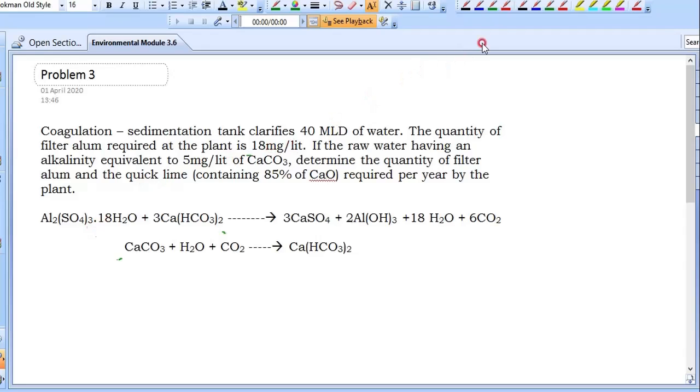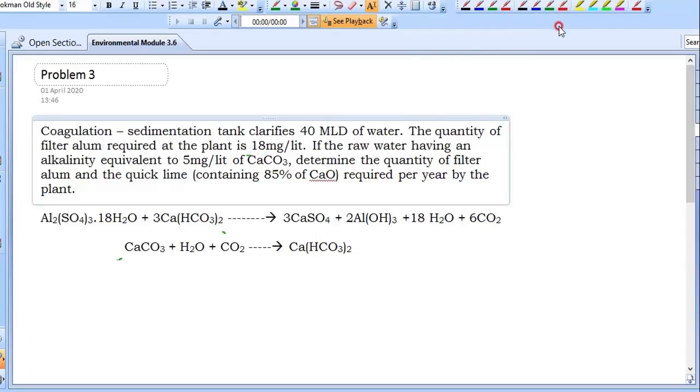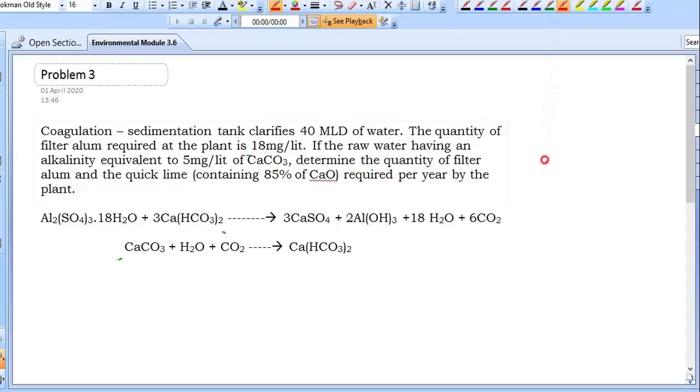Here something it's like this. They have given the data like this is the water, and in this water, how much water it is, 40 MLD.